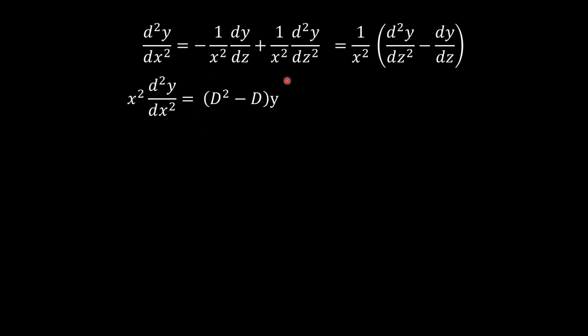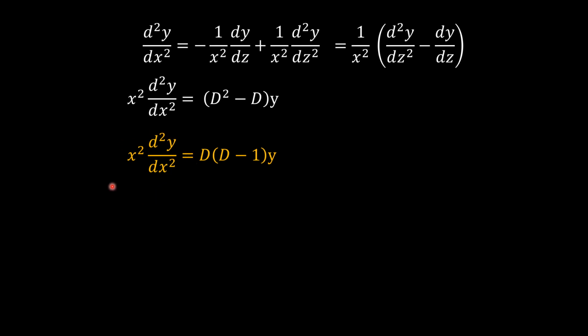On the right hand side we are left with D² minus D of y, where this capital D is d/dz. Taking D common, we get x² d²y/dx² equal to D(D minus 1) of y. So this is the second order derivative term with x².